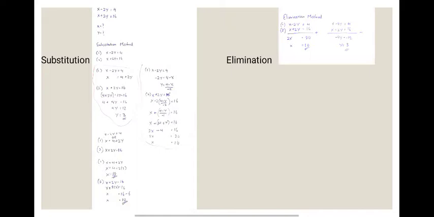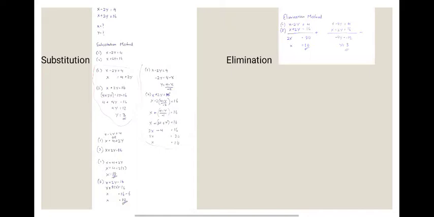What we can do here is move the minus 2y to the right side so we can get the x. We isolate the x on the left side so we get the x alone. Or another way of saying it is we write the x in terms of y. So x is 4 plus 2y.